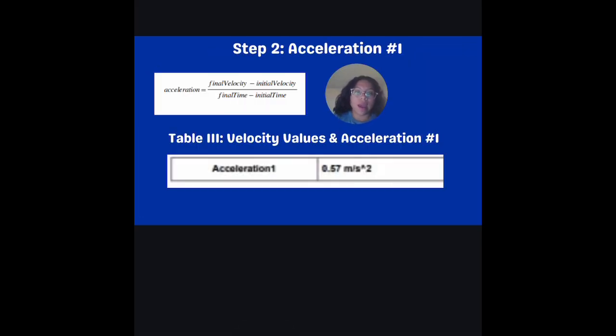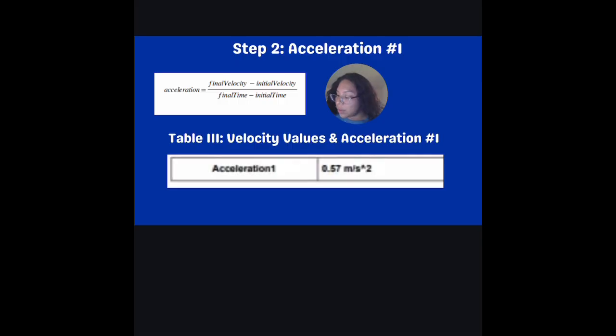Following creating our graph and annotating it and then plugging all those values into our table previously, finding our velocities, we then went to our step 2, which was creating our third table, which was velocity values and acceleration number 1. For our acceleration, the formula is final velocity minus the initial velocity divided by final time minus initial time.